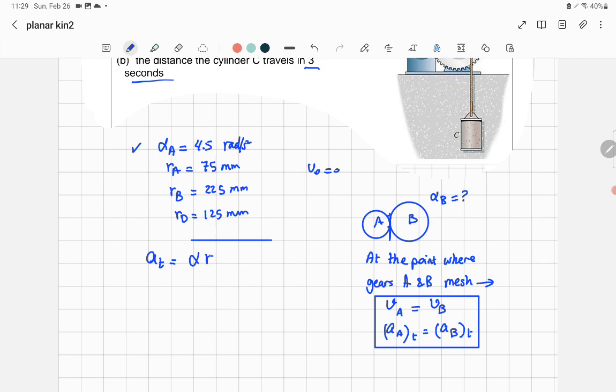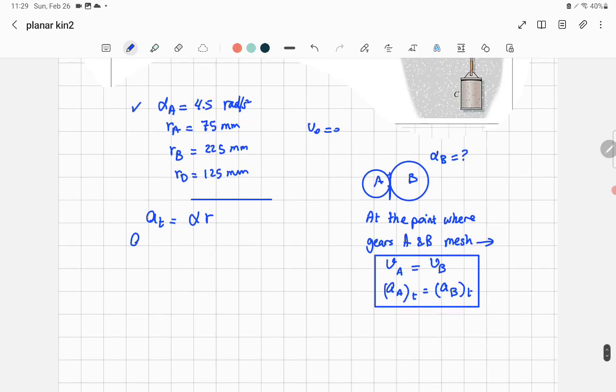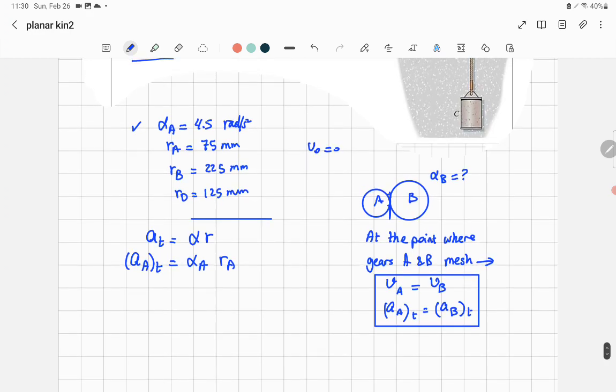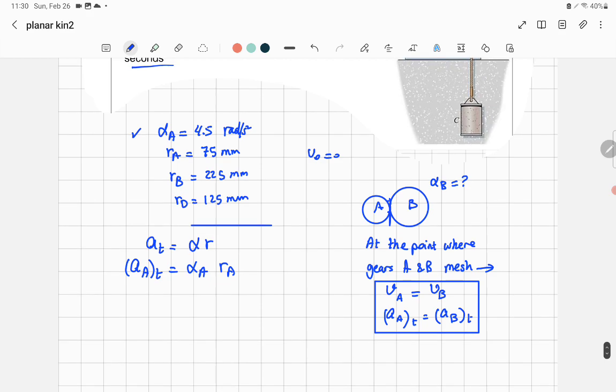It's equal to alpha r in general. So we'll say that the tangential acceleration of A is equal to alpha A times RA. Because the alpha A is given here as 4.5, so I have 4.5, and RA is given as 75 millimeter. I got to convert it to meters, so I divide by 1,000.